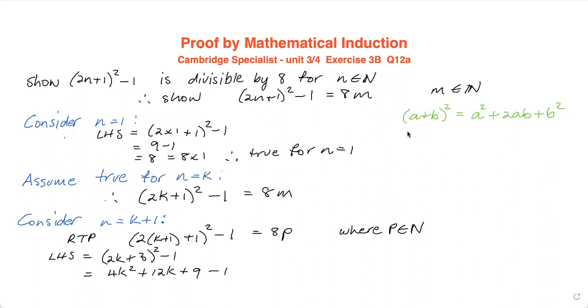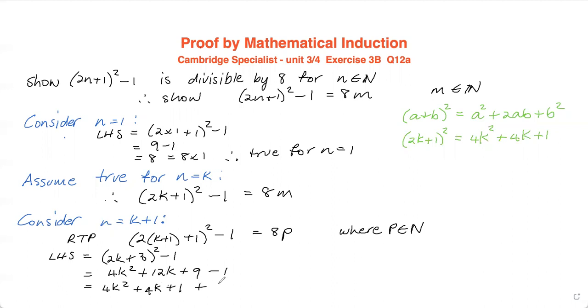Keeping in mind that (2k+1)² would be 4k² plus 4k plus 1, here I've got my 4k², so I'll keep that, but I'm going to use 4 of these, so I'm going to put plus 4k and 1 of the 9, and then I'll add to the end what I've got left over.